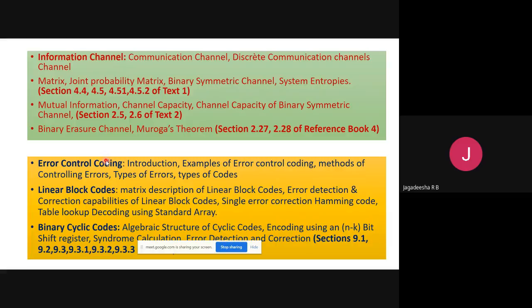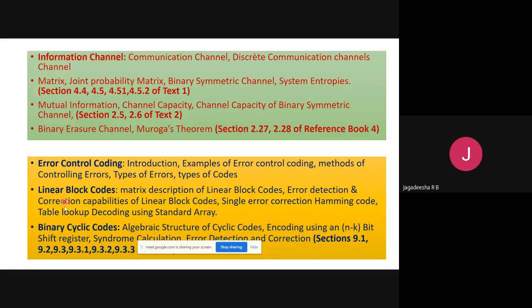It may be a wired channel or wireless channel. So how can we represent the information in a secured way so that it can reach the destination safely, or at the destination it can be readable or understandable? That is done in this process, called channel coding or error control coding.